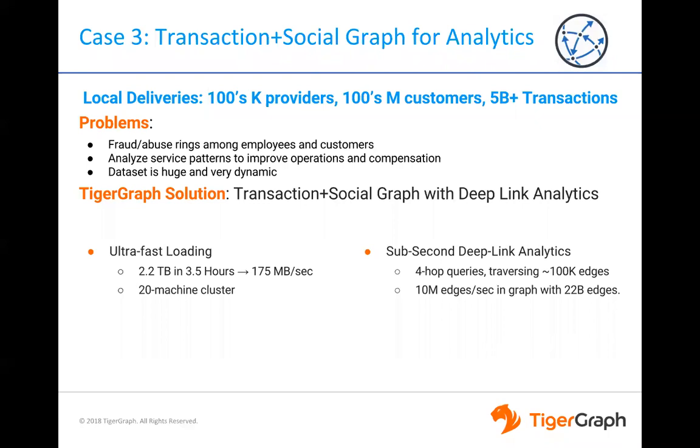So overall, about 10 million edges per second in a graph with, I believe, I think it says 22 billion edges. That might be 2.2 billion. I'll have to double check, sorry.